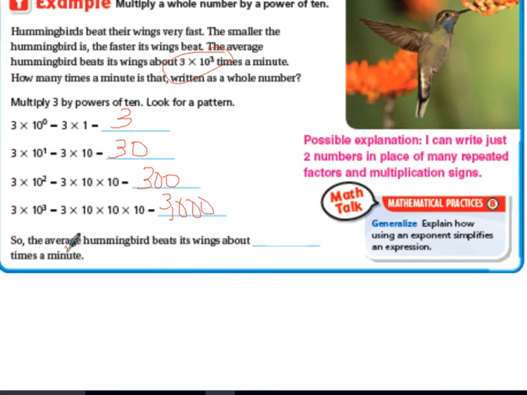So the average hummingbird beats its wings about 3,000 times. Okay, now I would like you to stop the tape right now and talk to your partner about what pattern you noticed here with your answer and the exponents.